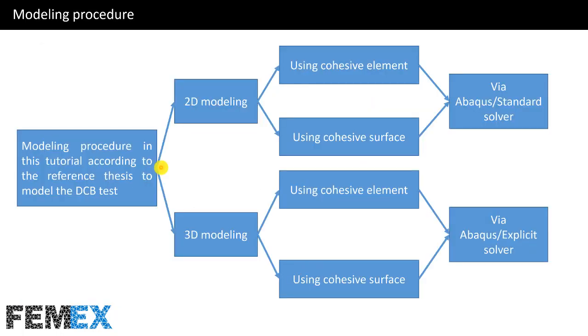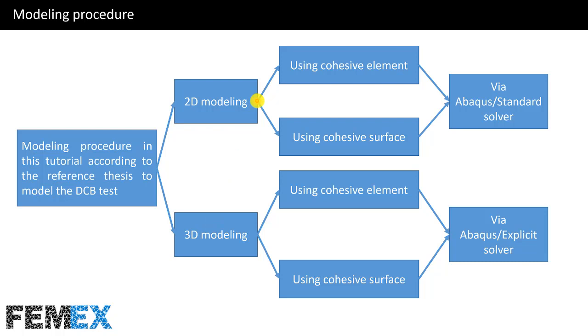Now I want to talk about modeling procedure in this tutorial according to the reference thesis to model the DCB test. In the premium tutorial, I have created 4 models. 2 of them have been created in the 2D space, and 2 of them have been created in the 3D space.